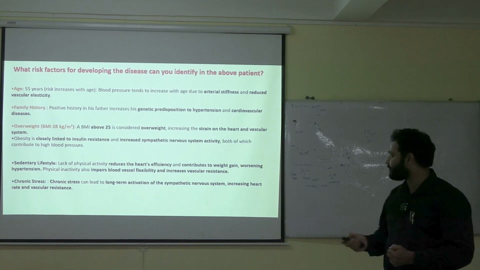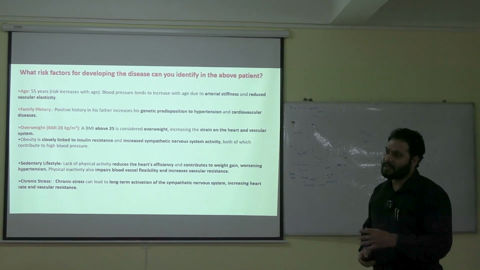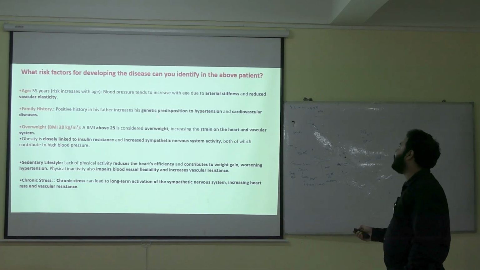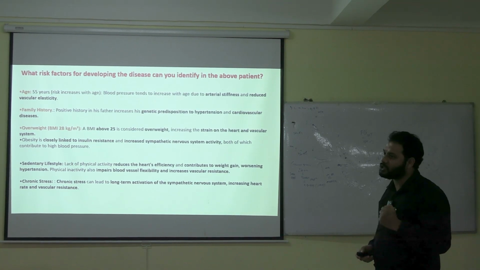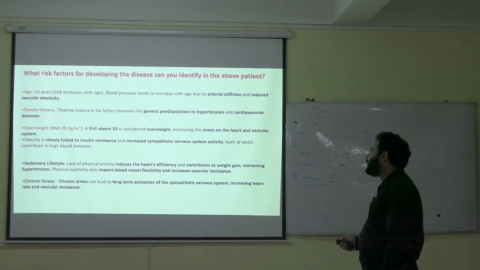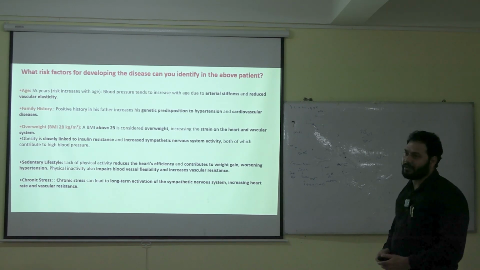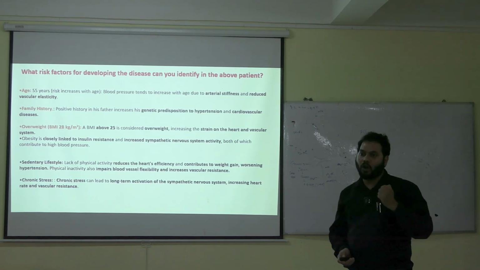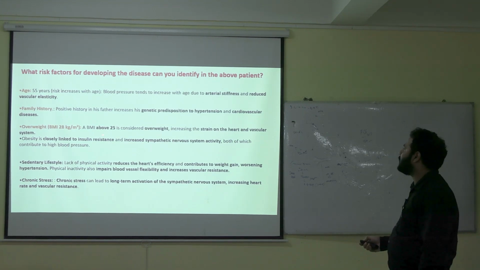At the same time, if you see the family history, as we have seen, the father has some cardiovascular morbidity, which means if there is a genetic predisposition, there is a high chance of development of hypertension in the subject, right? At the same time, the BMI value here is 28 kg per meter square. It is above 25. We know up to 25 comes under the normal category. As it is more than that, the subject is not in the normal category.